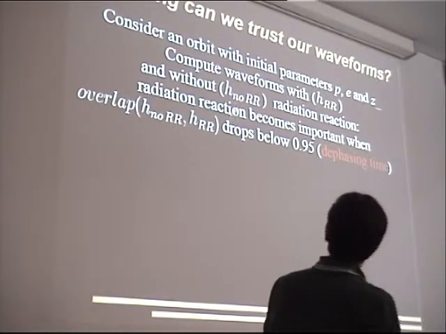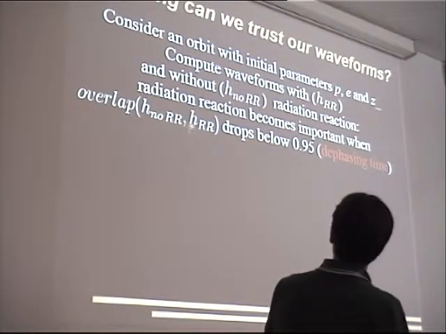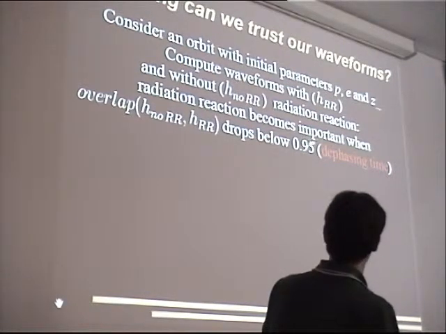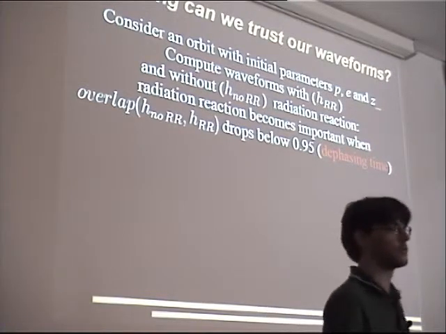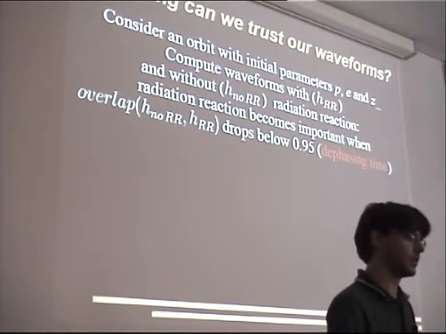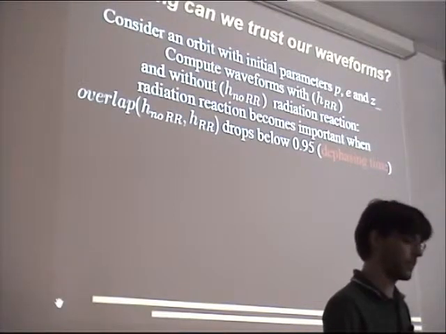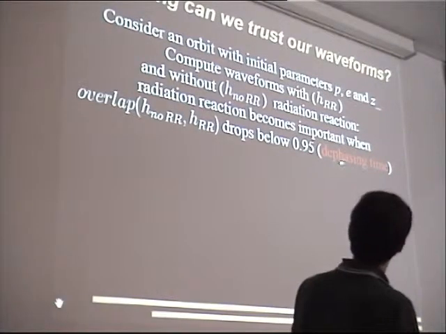The radiation reaction becomes important when the overlap between these 2 waveforms drops below 0.95, and this is just a value, but this is usually the value which is employed in building template banks. And we call this time the dephasing time.